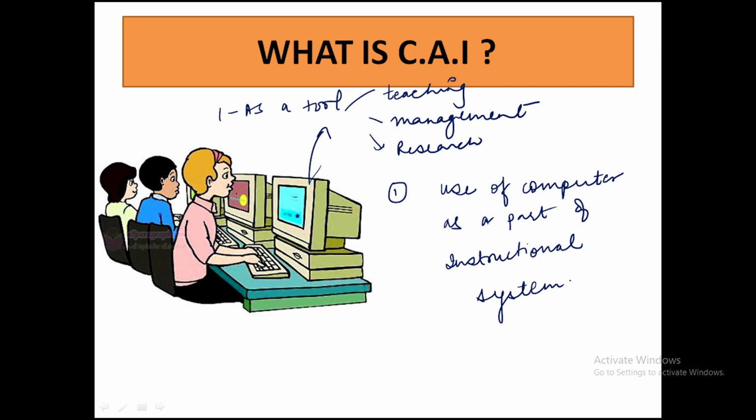Whatever programs we create are used as a teacher for making the student learn with the help of the computer. I have told you in my earlier videos about programming, that is the linear or the branching program learning. You can go and check out that video. The linear or branching programming is a kind of computer assisted instruction.